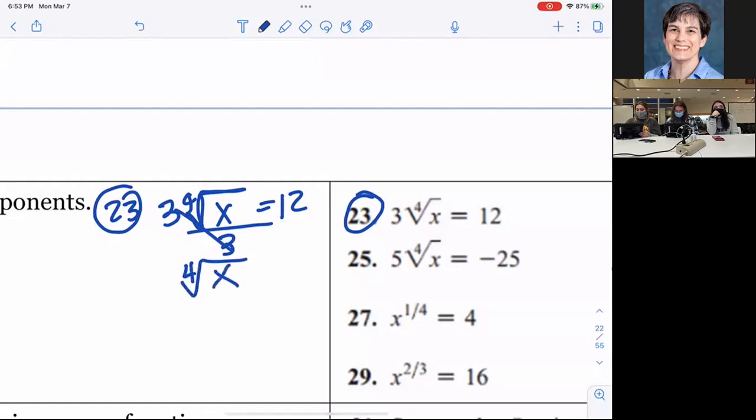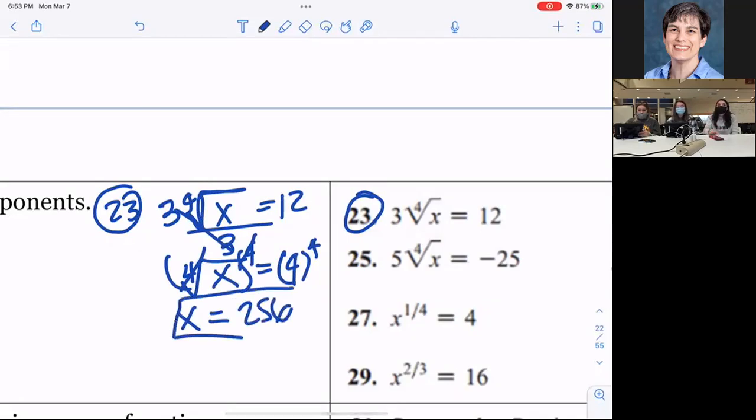We're left with the 4th root of x equals 4. In order to get rid of this root, we're going to raise this to the power of 4, both sides. So that's going to cancel, and we're going to have x equals 4 to the 4th. Calculator. 256.